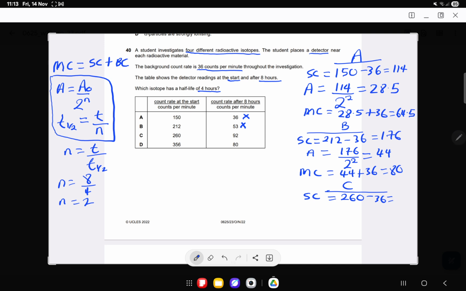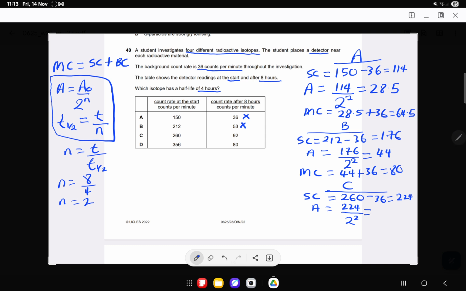This will give us 224. So to get the sample count rate after these 8 hours, A will be equal to this 224 over 2 raised to the power 2.